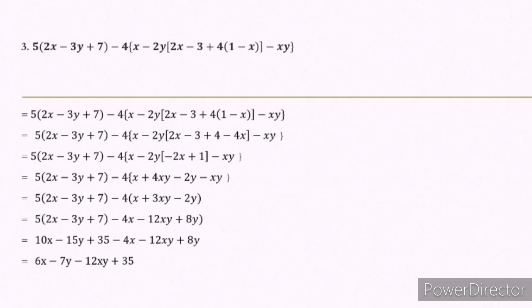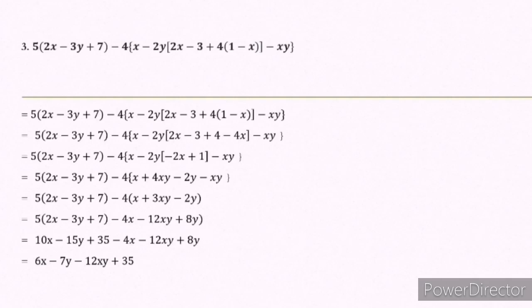Quantity 5, quantity 2x minus 3y plus 7, quantity negative 4, quantity x minus 2y, quantity 2x minus 3 plus 4 minus 4x, quantity xy. We eliminate the parentheses inside the square bracket.